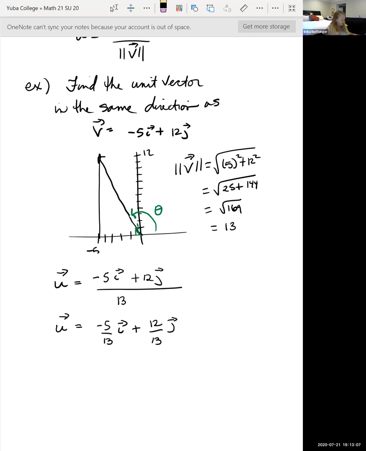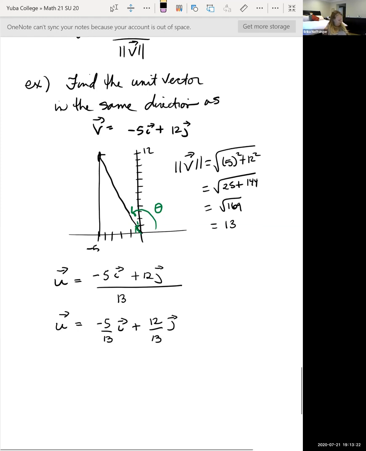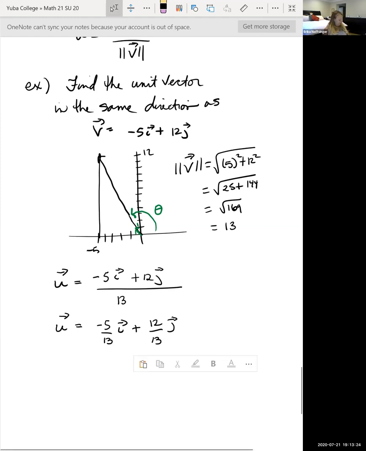Theta can be found by the following. Well, it depends on which value you want to look at. Let's see. Where did it go? It's not really in here.